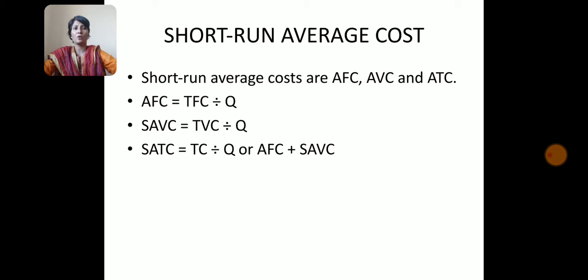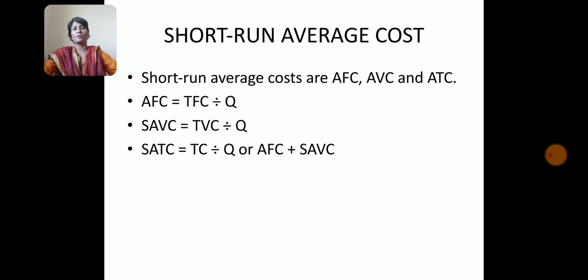Average fixed cost, that is AFC, is equal to the total fixed cost divided by the number of units produced. The average fixed cost diminishes continuously as output increases.